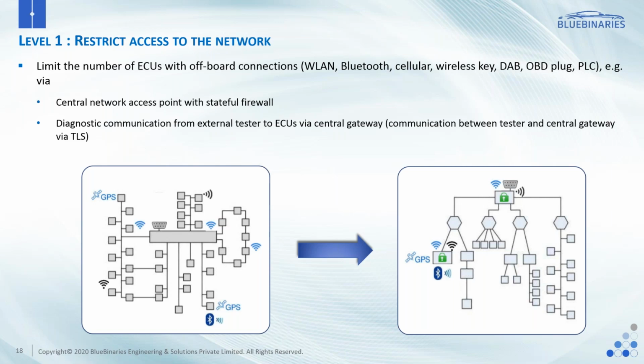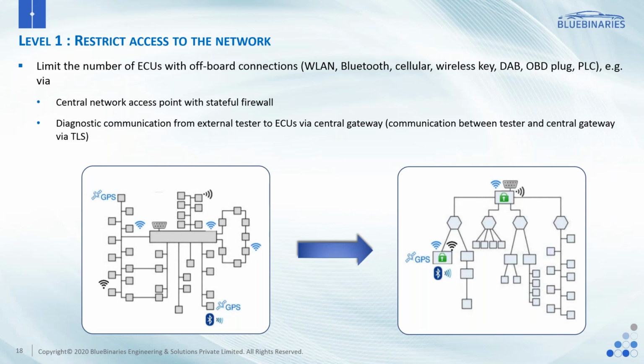And the other way where you can restrict the access is the diagnostic communications from the external tester to the ECU via central gateway. You can have a dedicated VLAN, and then you can set a particular tag to that VLAN where this tag is enabled to a specific ECU on the network as a front end to the external tester.